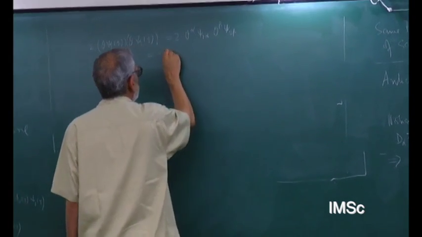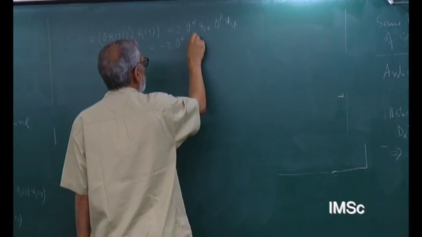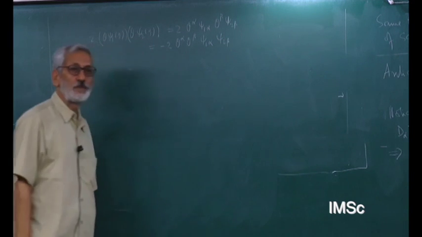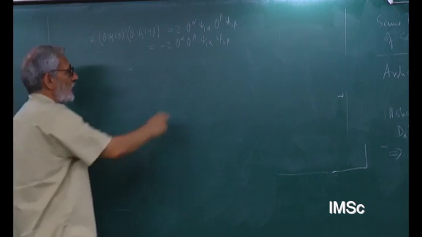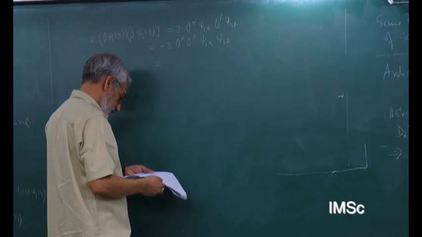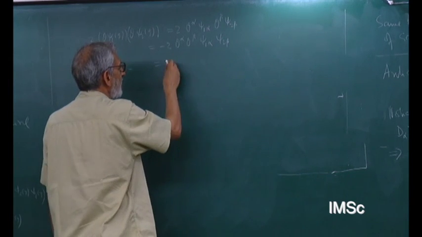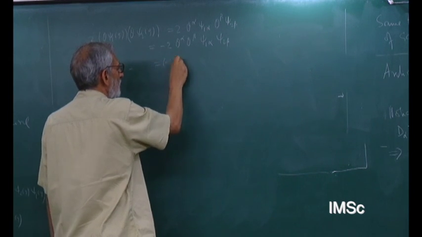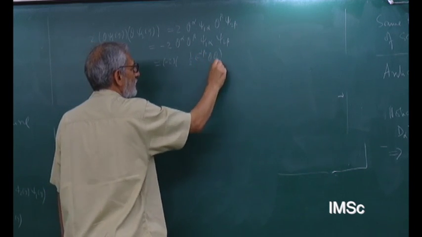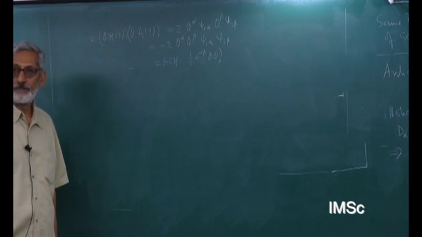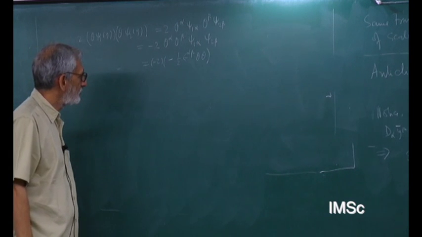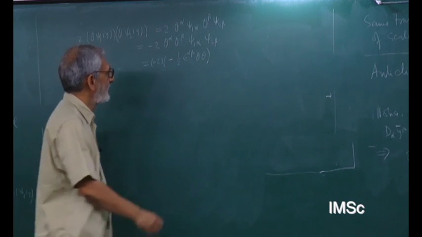Take these across, 2 theta alpha theta beta psi 1 alpha psi 2 beta. Now this object, there is an identity that I can write it as minus 2 as half epsilon alpha beta theta theta. And I think there is a minus sign here. Yes.